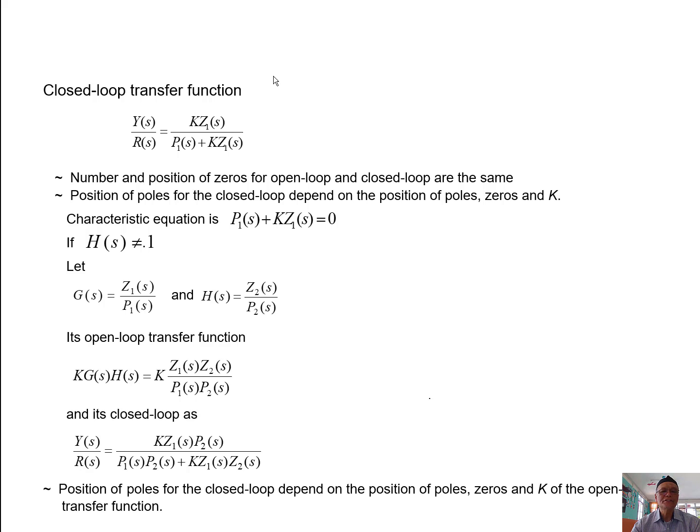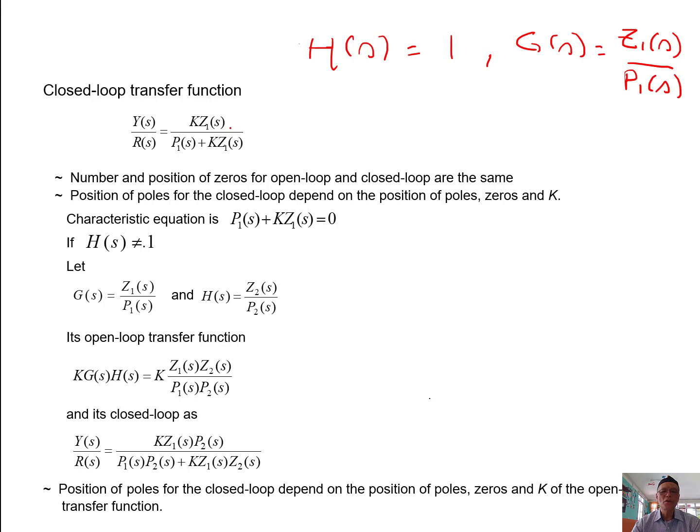Okay, let us look at a case of feedback of H(s) equal to 1. And we know that our G(s), as we recall before, has to be a polynomial of Z1(s) over P1(s).